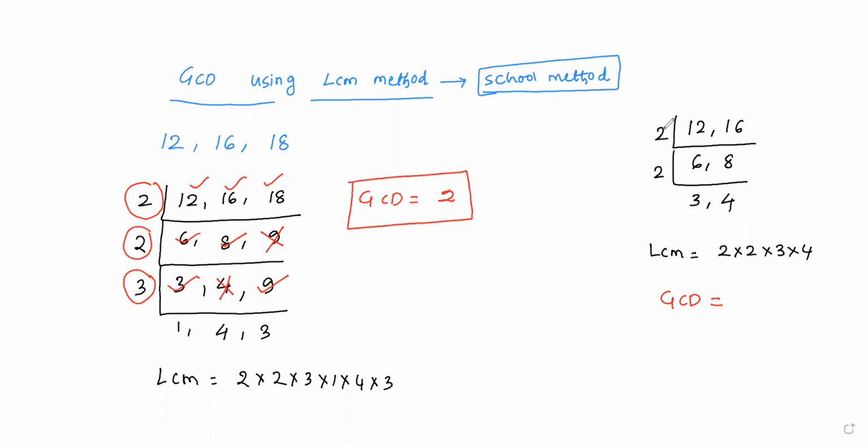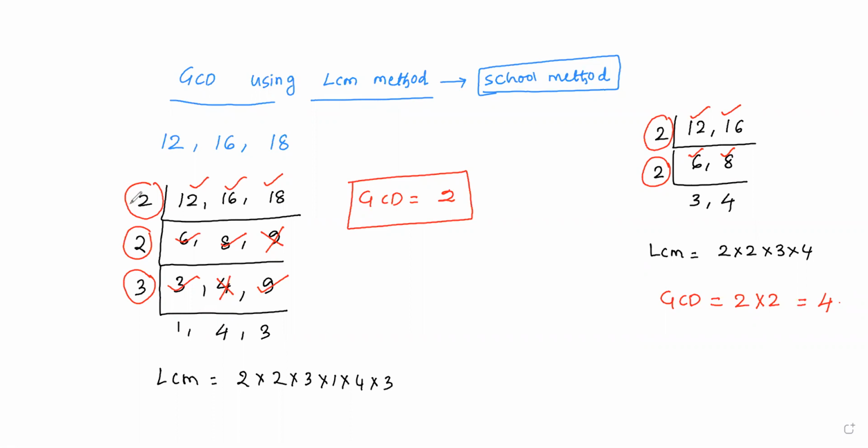Come to this question. My divisor dividing each and every number? Yes. My 2 dividing each and every number? Yes. So 2 into 2, here my GCD becomes 4. So in this way, from the school method also, we can find GCD at a time. I hope you understand.